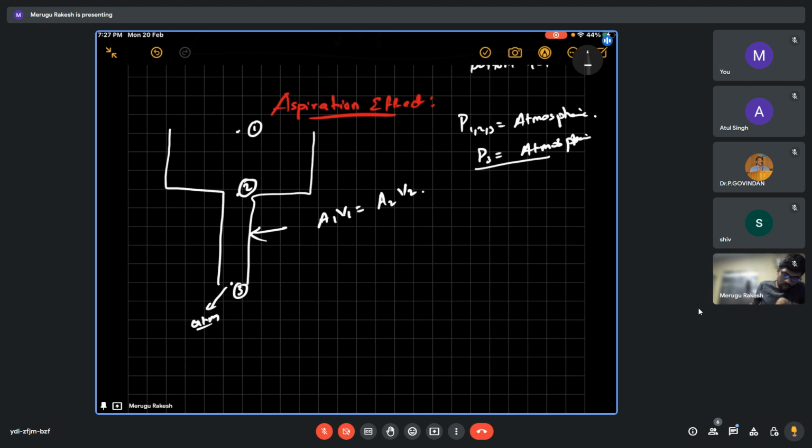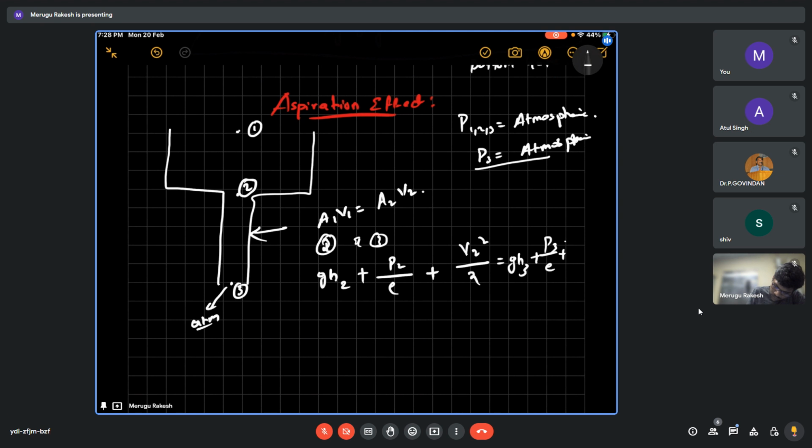Now if I take Bernoulli's equation between point 2 and 3, it will be gH2 plus P2 by density plus V2 squared by 2 is equal to gH3 plus P3 by rho plus V3 squared divided by 2. I am neglecting all the losses.